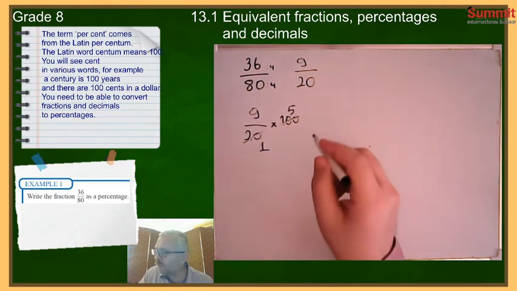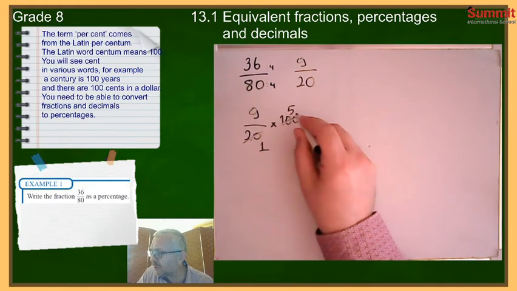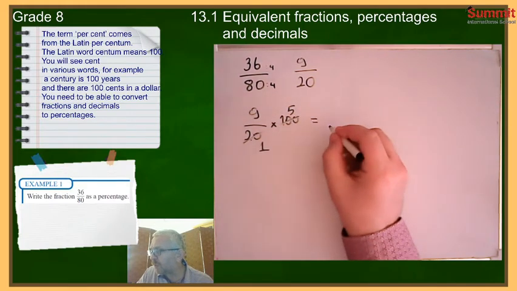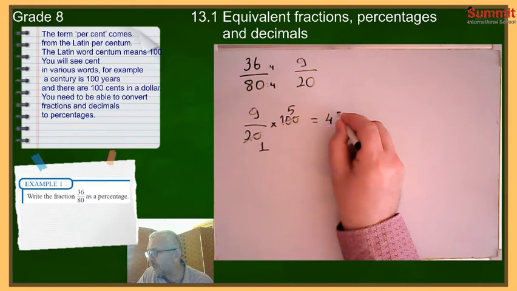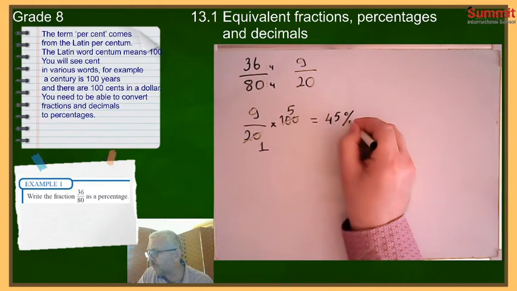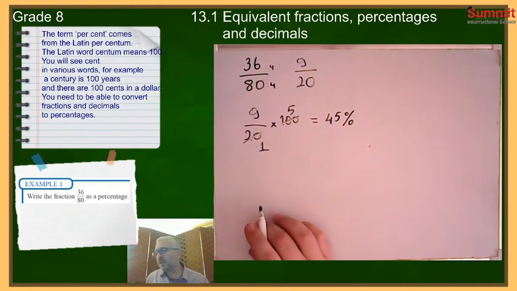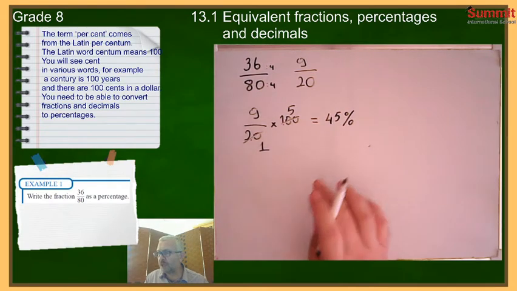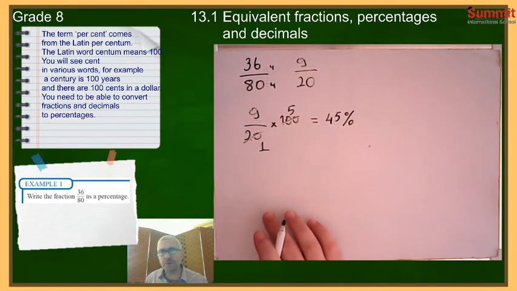As a result we have 9 multiplied by 5, which is 45, and it's a percent. So 36 over 80 is equal to 45%. As a percent, we can write 45%.